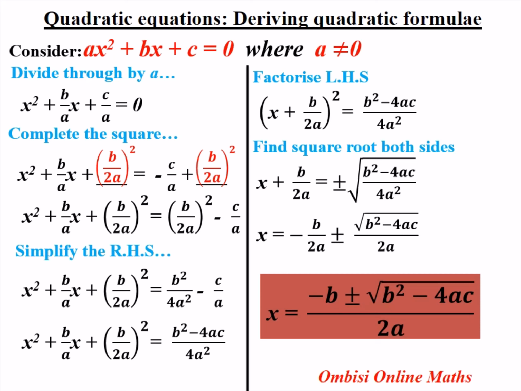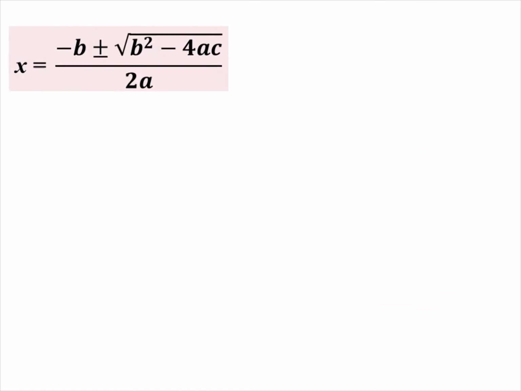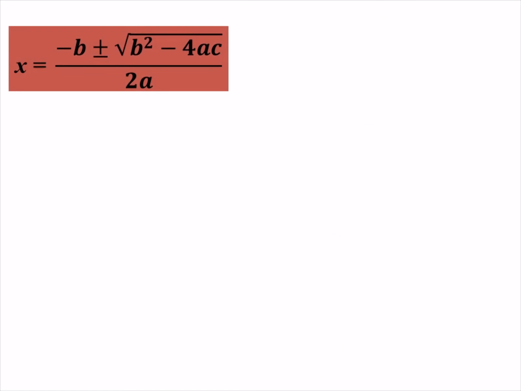Now, given the quadratic formula x equals minus b plus or minus the square root of b squared minus 4ac over 2a, it follows that this part, b squared minus 4ac, the part under the square root sign, is known as the discriminant.